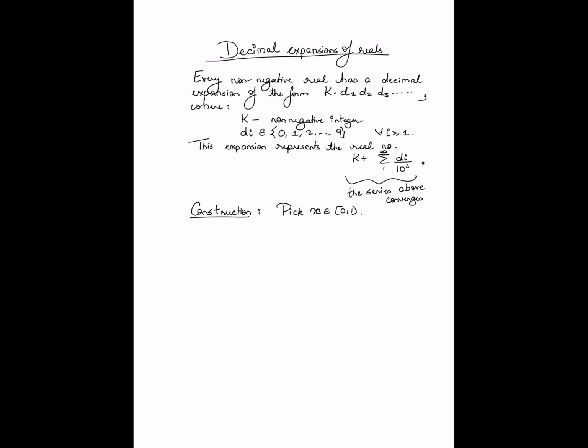Now how do you construct the decimal expansion of this number x? Firstly, if x is rational, life is easy. Since high school we have been learning long division, so you just use long division to construct inductively the decimal expansion.